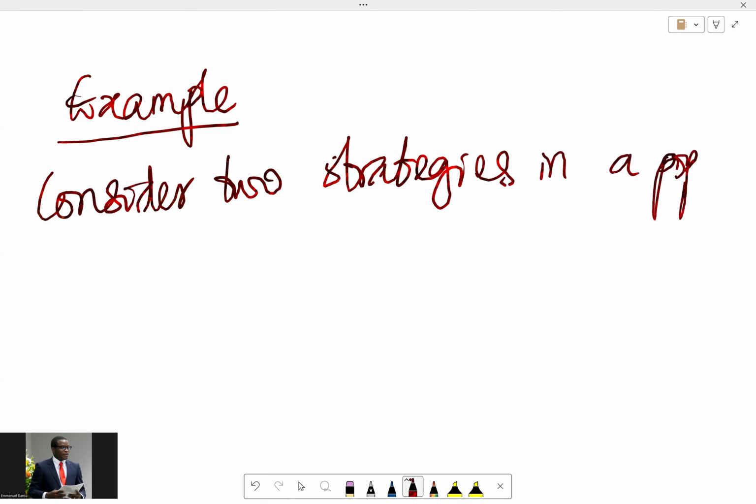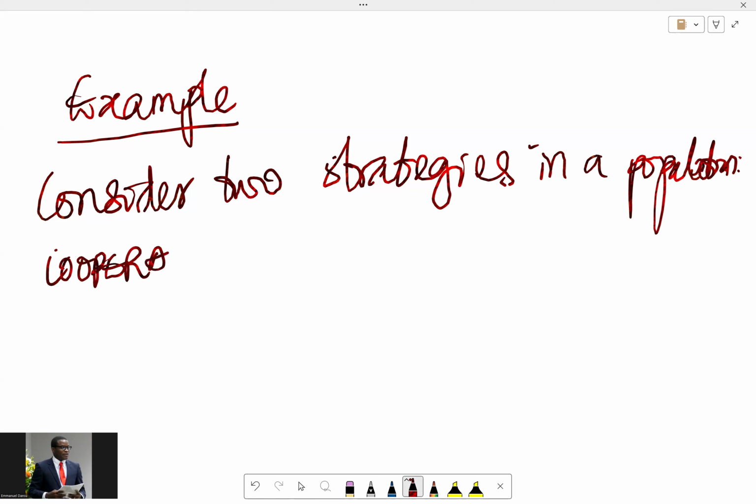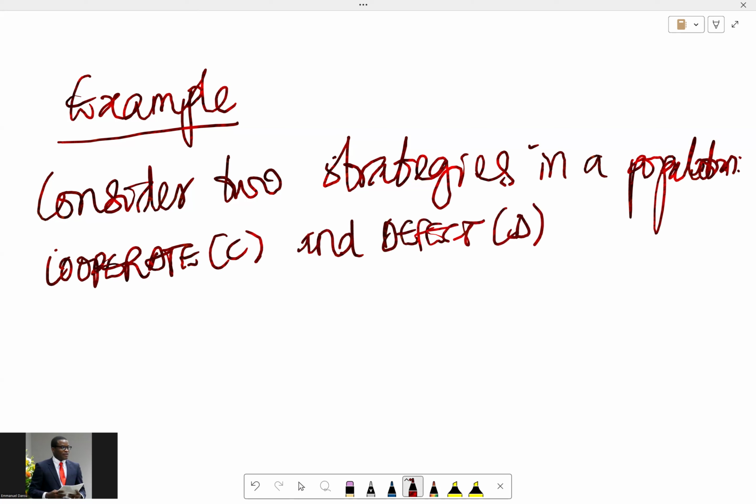The strategies are to cooperate, which reminds us of the prisoner's dilemma, and the other strategy is to defect, which is D, in a simple game.